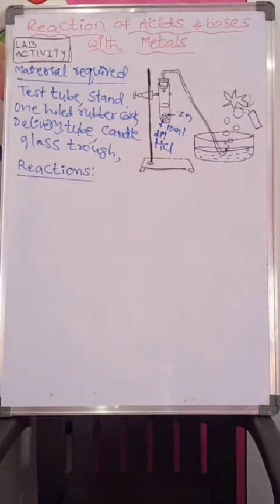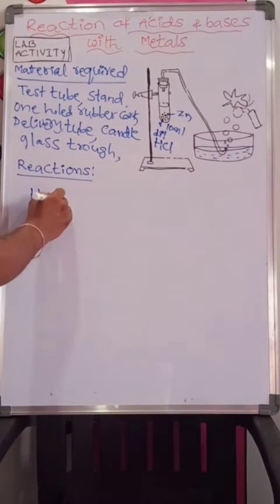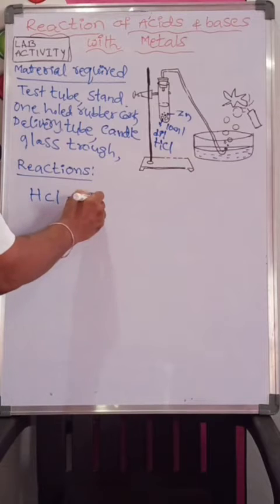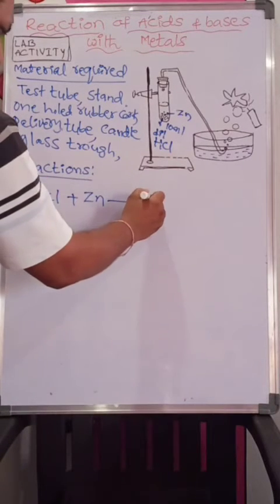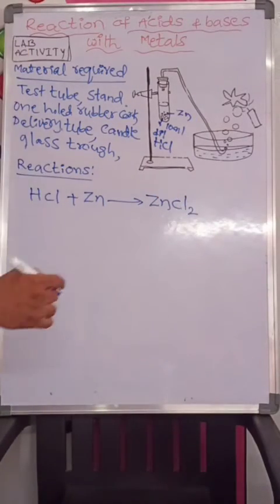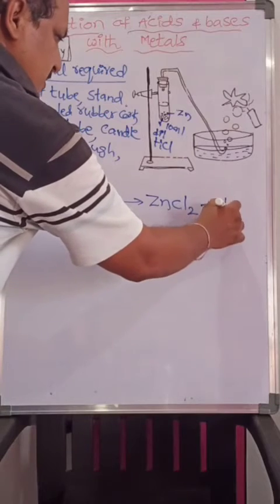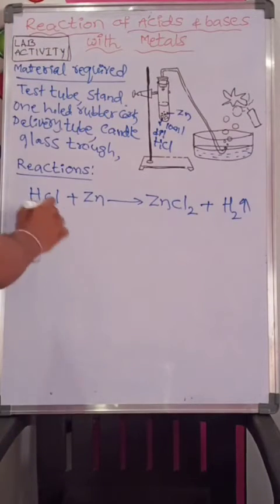Which acid do we take here? HCl, an acid, plus zinc forms a salt, zinc chloride, plus hydrogen gas, which is evolved.